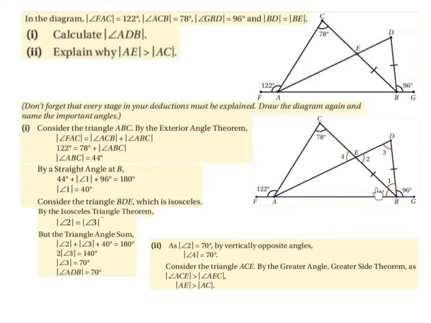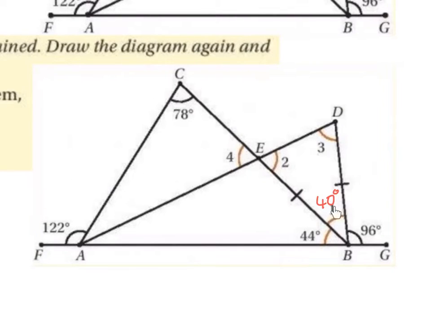So 44 degrees plus angle 1, plus 96 degrees gives 180 degrees because they lie on a straight line. So 180 minus 96 minus 44 gives 40 degrees. So angle 1 is 40 degrees.